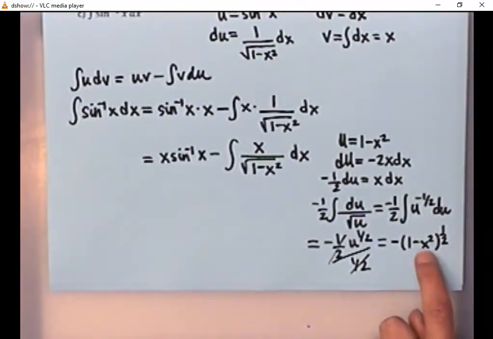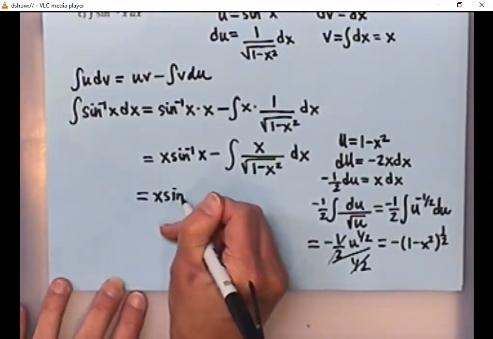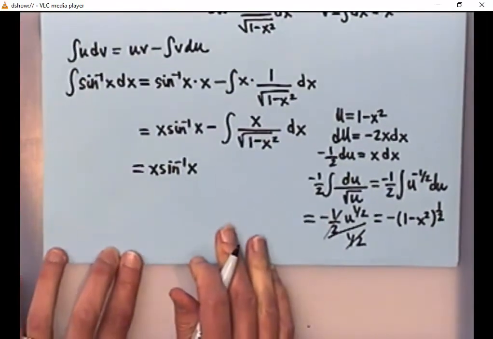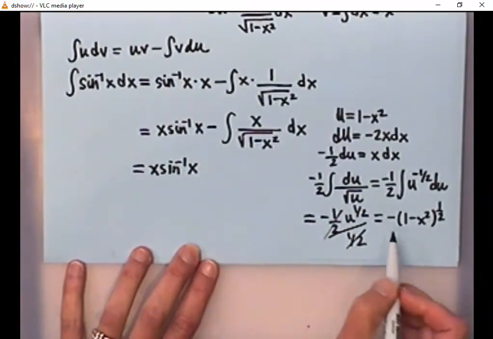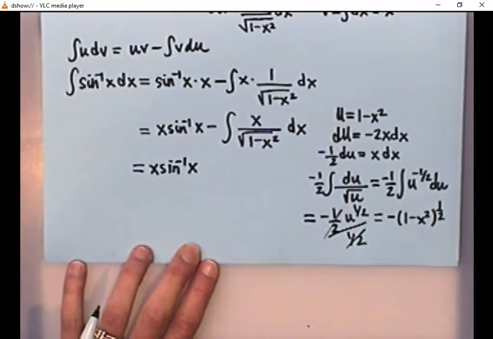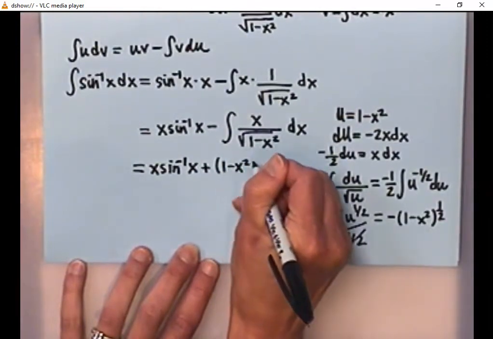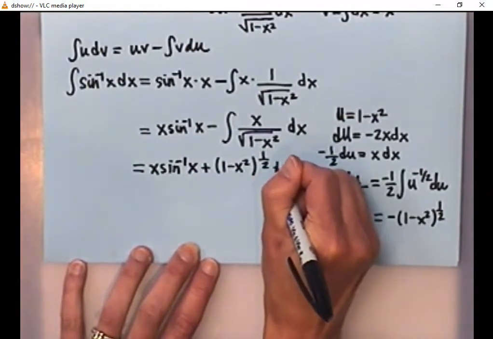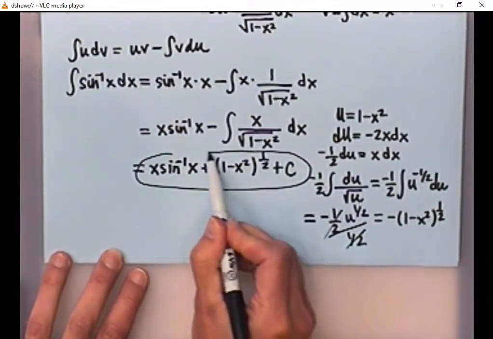Okay, so don't forget, you do have to put the u back in here. Our final answer should be in terms of x. So I'll write my final answer here. Don't forget I have this first part, x sine inverse of x. And it looks like I'm going to have minus a minus, so I believe that becomes a plus, plus 1 minus x squared to the 1/2. And that's my final answer.